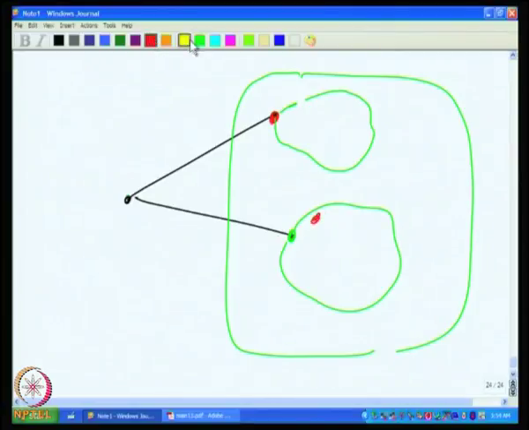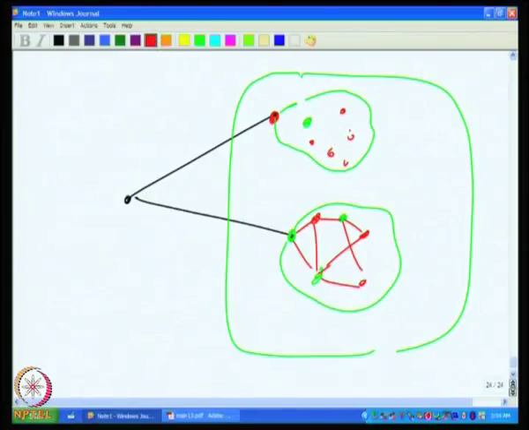There will be red vertices, green vertices, and some connections between them. Similarly there will be green and red here also. So is it possible that these two connected components are different, or will they be the same?